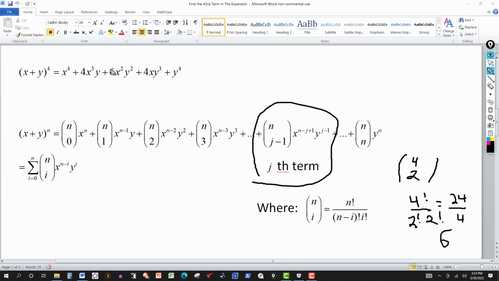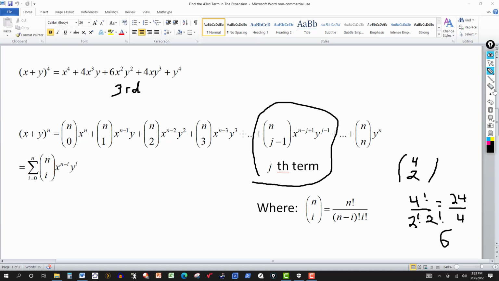So notice here 2 and 2. This is the third term here, and notice the power on the y term is 1 less. This is the fourth term here, x y to the third, coefficient of 4. The power is 1 less than the position. Y to the fourth is the fifth term, and the power on the y is 1 less than that, 4. So we're going to use that along with this formula.